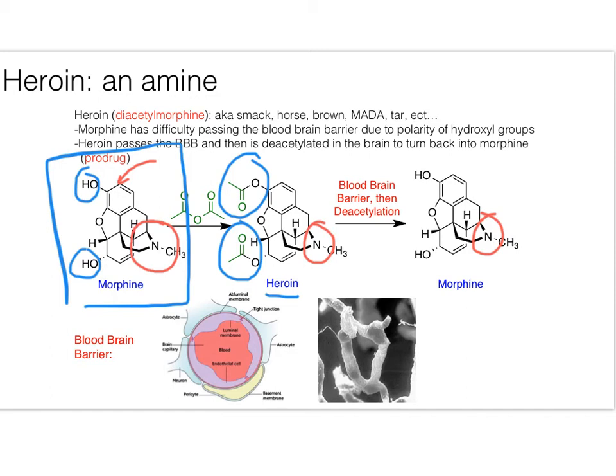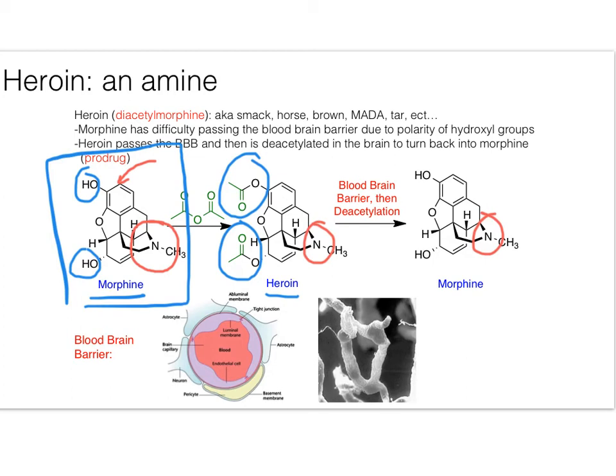So there's a barrier that exists around the membranes of your blood vessels in your brain to prevent molecules from freely moving into your brain, which has to be a protected compartment. Morphine is not great at passing through this. Heroin, after it's been chemically modified, is really fantastic.